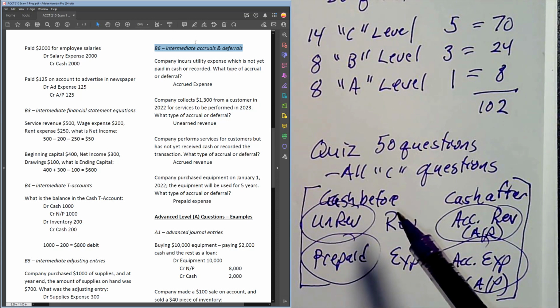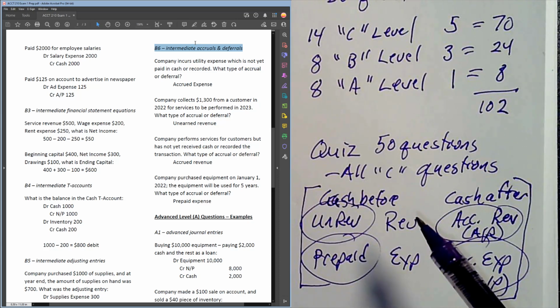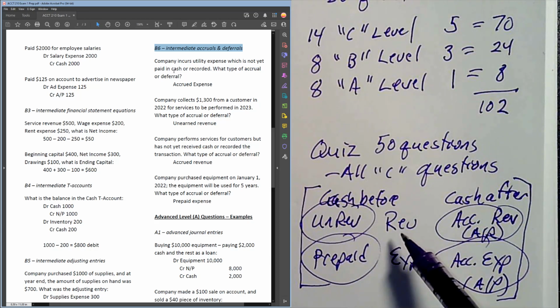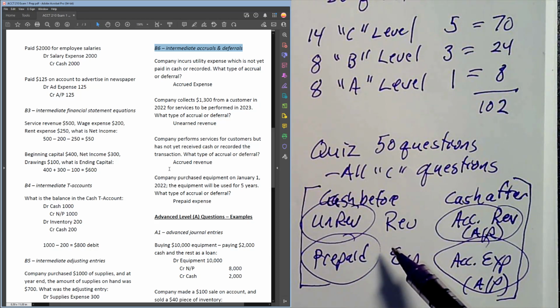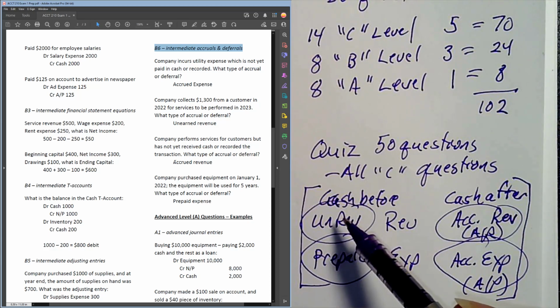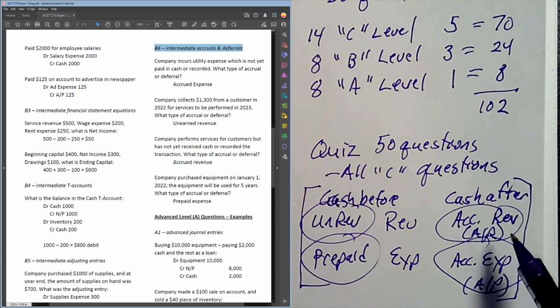And what you need to do, and we did a little bit of practice of this in one of the last videos, but we also had a homework question, is what you want to do is for every one of these types of accruals and deferrals, you want to say, does it have to deal with revenue or does it have to deal with expense? That's the first question. And then, did the cash happen right now, or is the cash going to happen later? And that would tell you which of these 4 accounts.